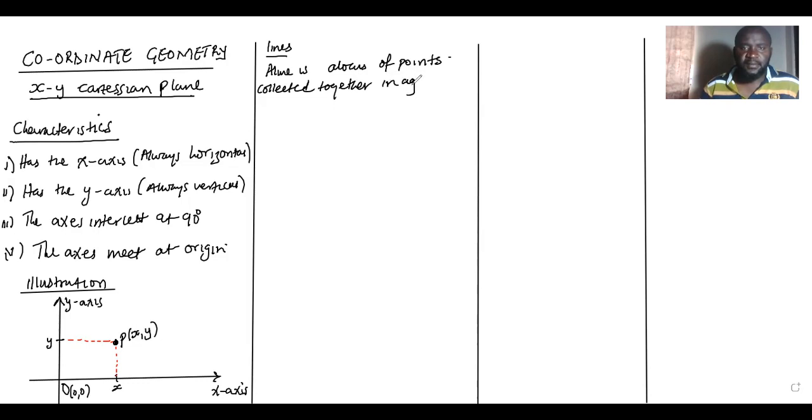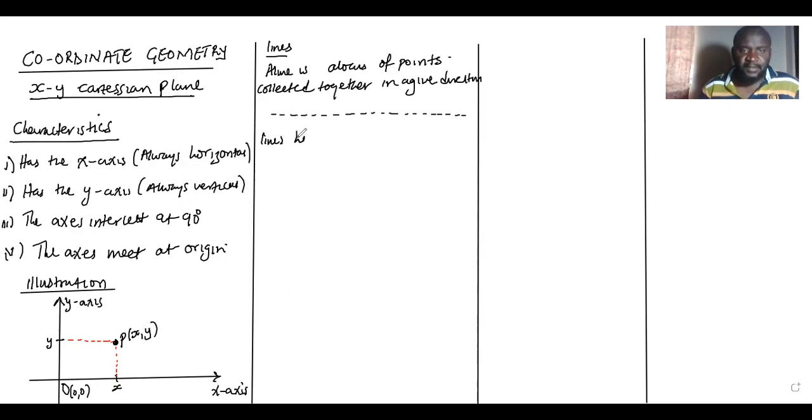We shall discuss what locus is in future, but if you have points or dots moving in a given direction like that, then they will form what we call a line.